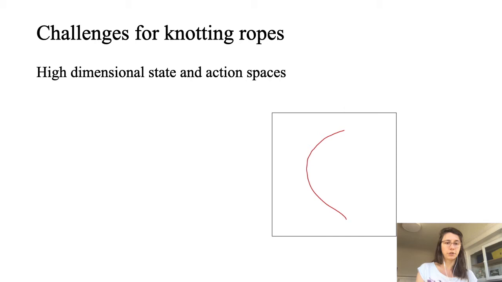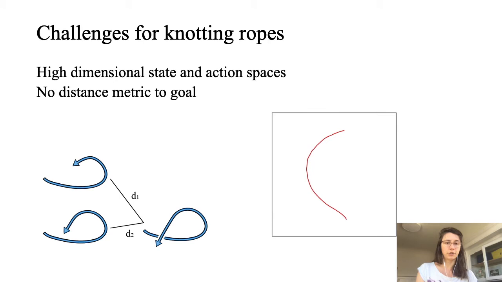On top of this, knot tying is more challenging than what I've shown you before, because knots are an abstract topological concept and there is no analytical function that defines the distance to a goal. So, for example, for these two examples here, it is unclear how to quantify how far away each of these states on the left is from the goal state on the right.